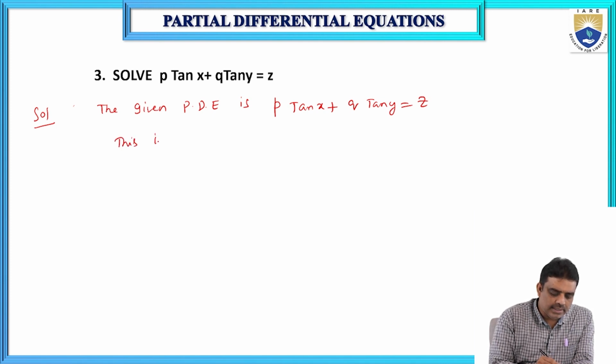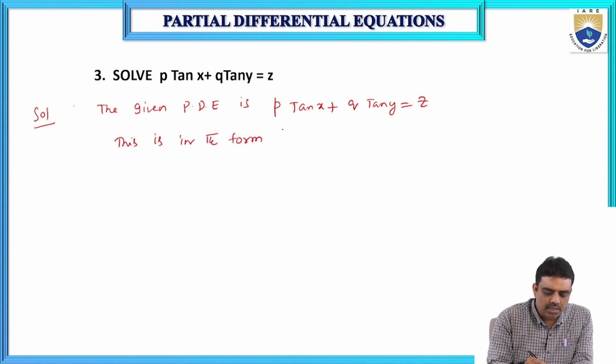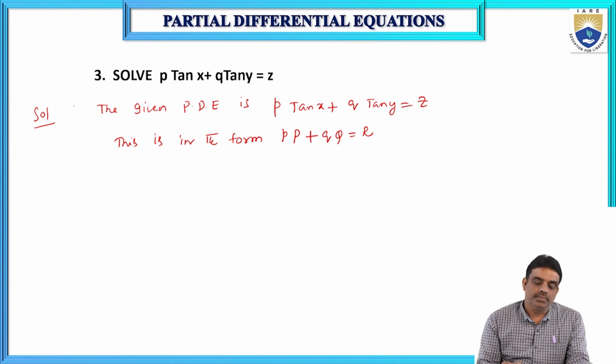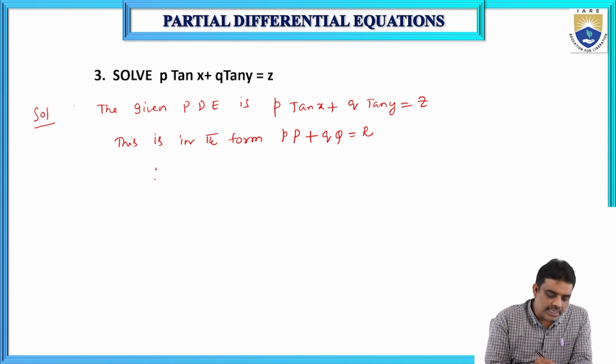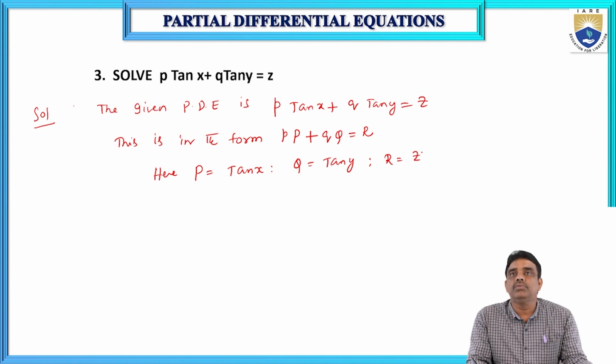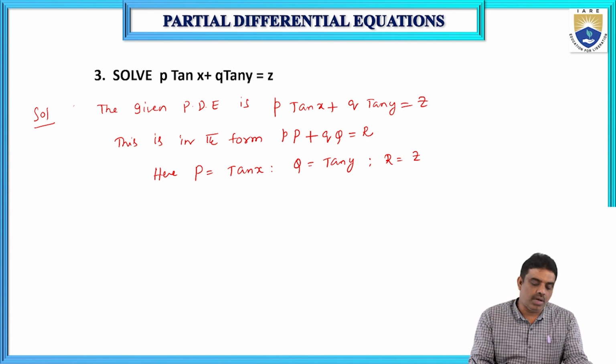This is in the form small p capital P plus small q capital Q is equal to R. Then P is equal to tan x, Q is tan y, and R is equal to z.